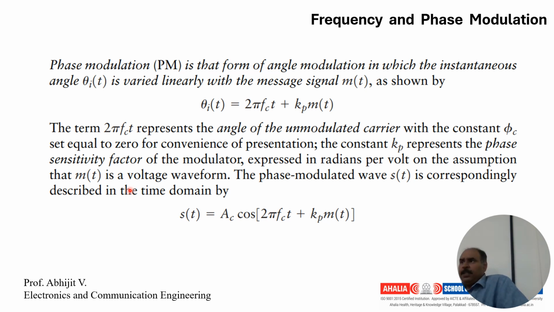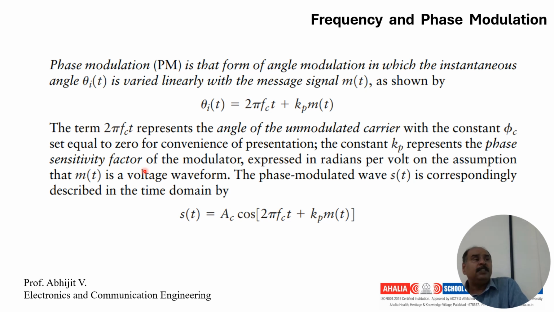Now in this particular equation, we can see that 2 pi fc t represents the angle of the unmodulated carrier with the constant phase phi c. This is set to zero for convenience of presentation. The constant Kp represents the phase sensitivity factor. So you may be asked to define what is meant by phase sensitivity.